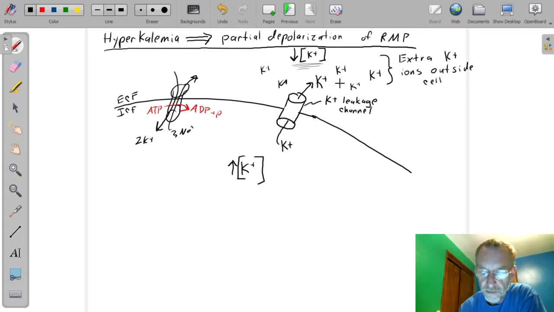Okay, so as more of these potassium ions are crowded on the outside, do you think that's going to cause fewer potassiums to leave? Yeah, you know that like charges repel each other, so we have more positively charged ions out there. There's more back pressure, if you will. There's less of a gradient, so we wind up having fewer potassium ions leaking out.